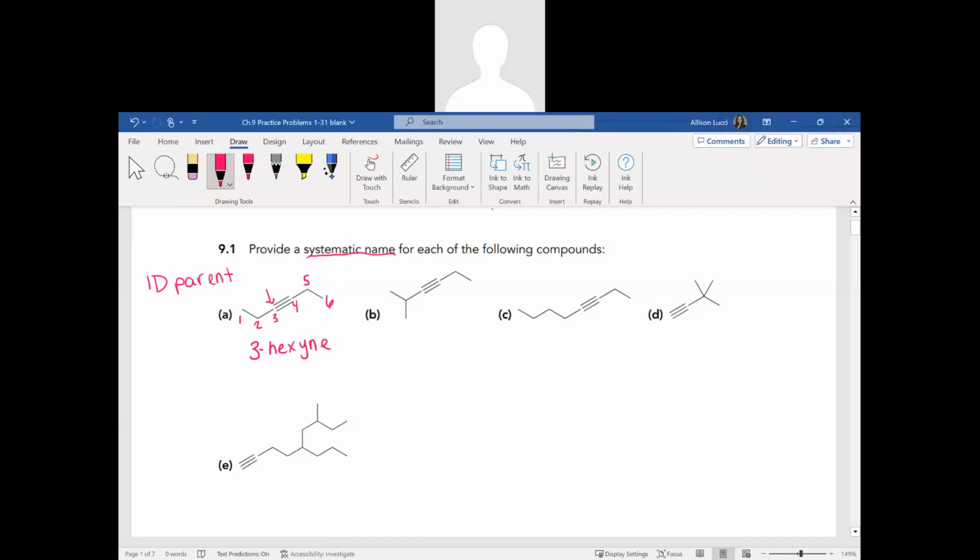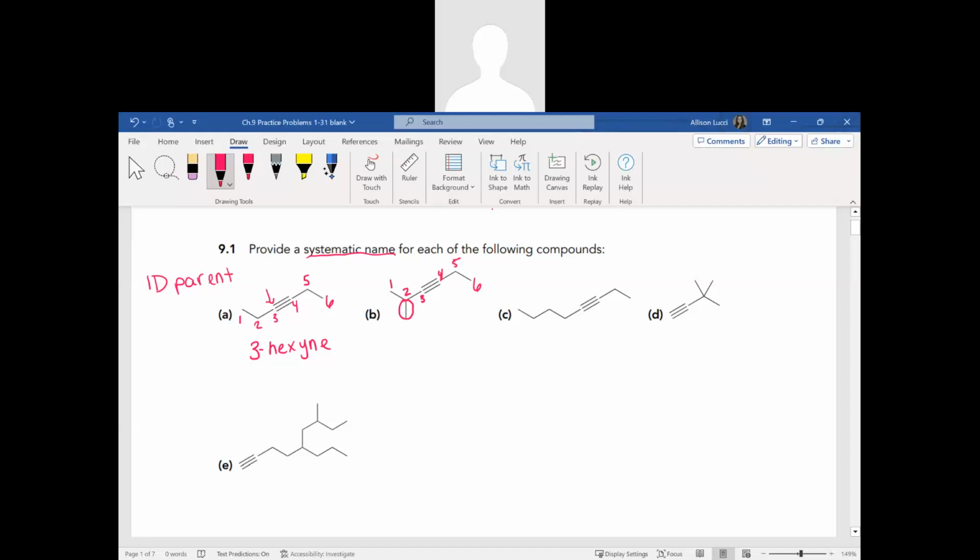Let's take a look at our second molecule here. If you notice, this is almost the same as the first. We have 1, 2, 3, 4, 5, 6 carbons in our longest chain, and then we have 1 substituent here now. So we're going to name this very similarly.